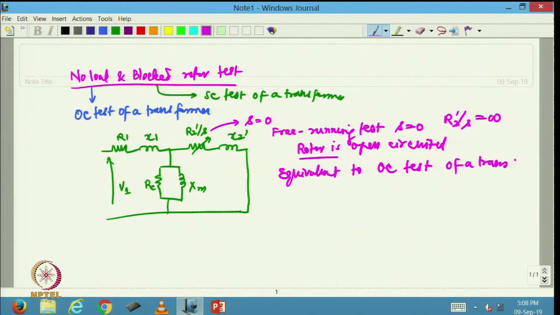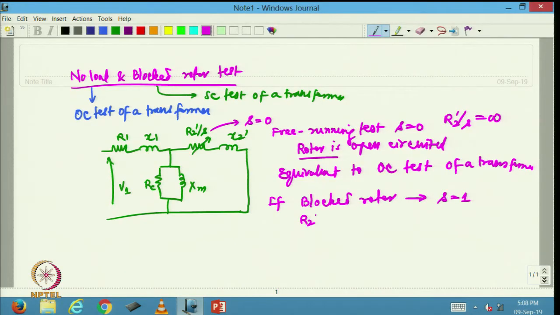Whereas, if I have the block rotor condition, that is, if the rotor is blocked, then I am going to have S equal to 1.